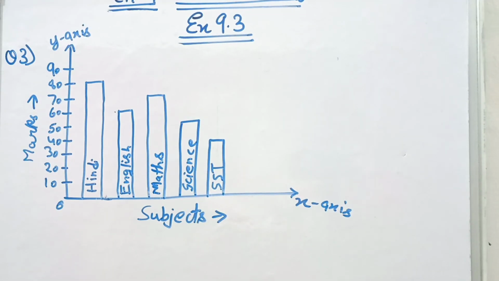Let's take another question. I am explaining question number 3. Question number 2 you can do yourself. Observe this bar graph which shows the marks obtained by Aziz in half yearly examination in different subjects. This graph is showing you marks obtained by Aziz in different subjects. So the subjects are represented on x-axis and marks are represented on y-axis.